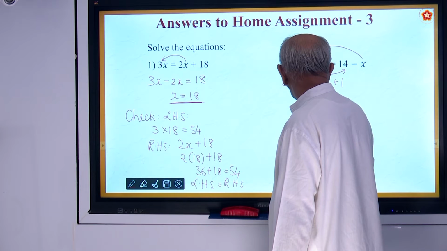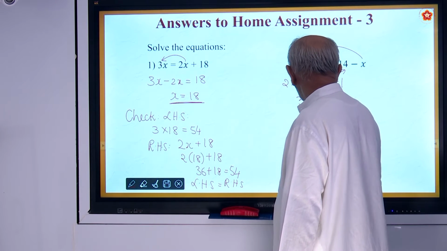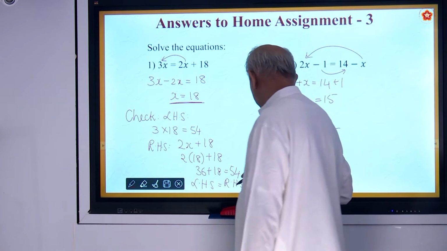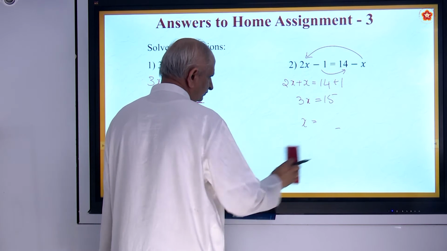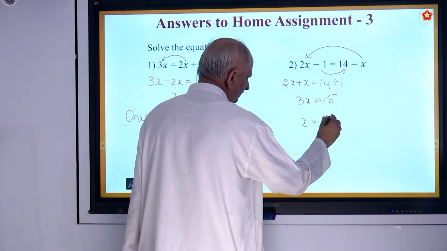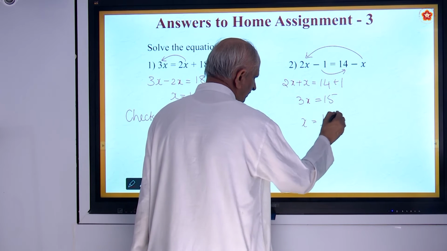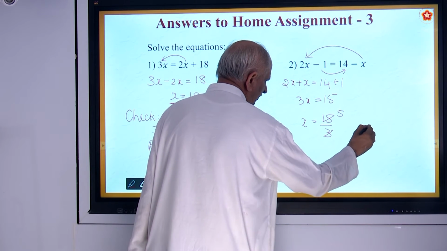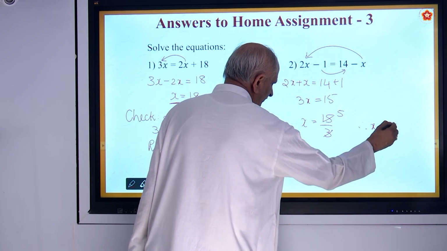So 3x is equal to 15. x is equal to, what shall I write? x is equal to 15 by 3. 3 fives are 15. So therefore x is equal to 5 is the correct answer.